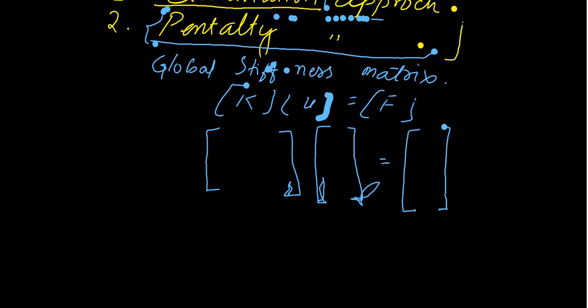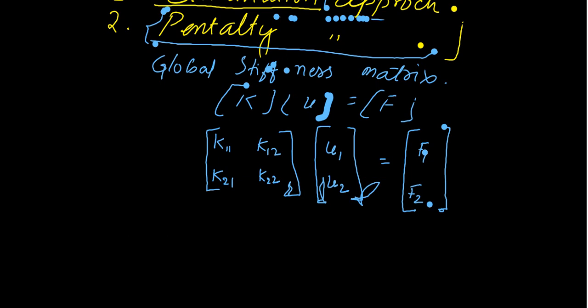For a two-element bar you get the finite element equation in this form, with values K11, K12, K21, K22, displacements U1, U2, and forces F1, F2.